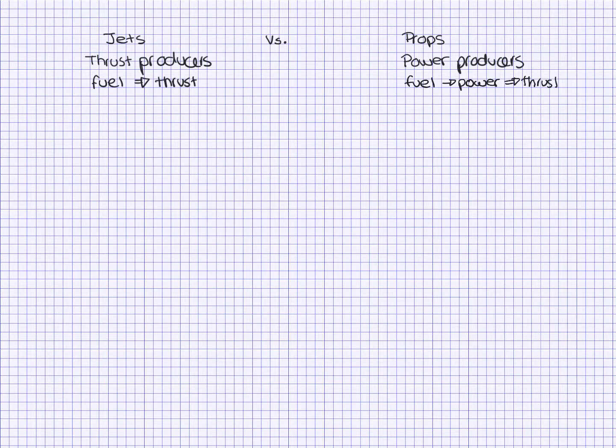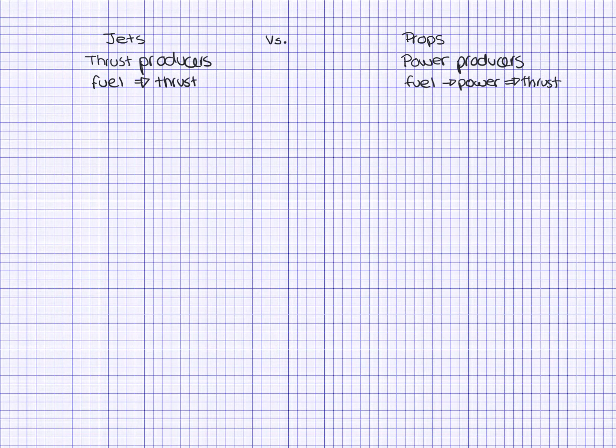Thrust is one of the four forces, the force that is really propelling us, even though in the case of props, they turn fuel into power first, and through the prop, that's transformed into thrust.